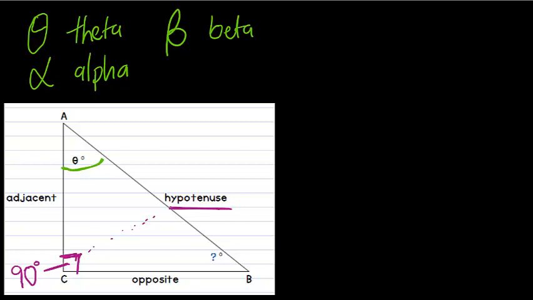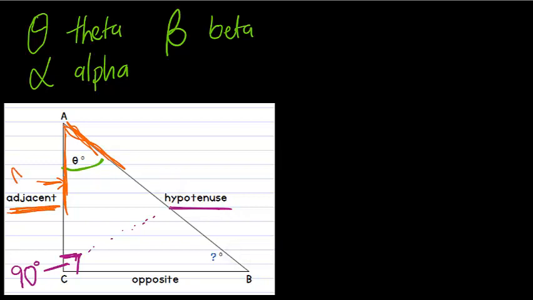Now, moving from here, you need to understand that the names of the other two sides is in relation to angle A or angle theta. So, angle theta has got two legs, right? The side that is part of angle theta, namely this side, is called the adjacent side.